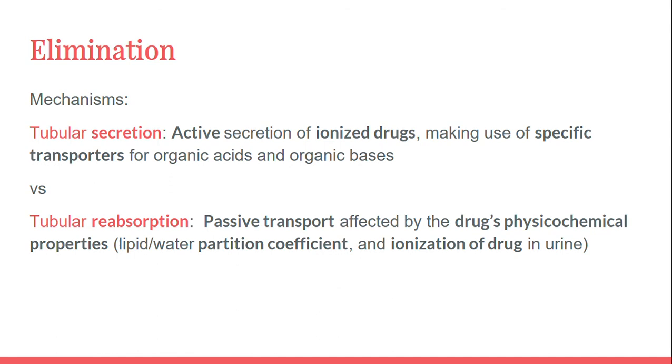Because if you inhibit the specific transporters that eliminate the drug, you allow the drug to concentrate in a higher volume in the body. Tubular reabsorption is passive transport which is affected by the drug's physicochemical properties, and it is mostly the domain of non-ionized drugs. The physicochemical properties at play for tubular reabsorption are the lipid-water partition coefficient and the ionization degree of the drug in urine.